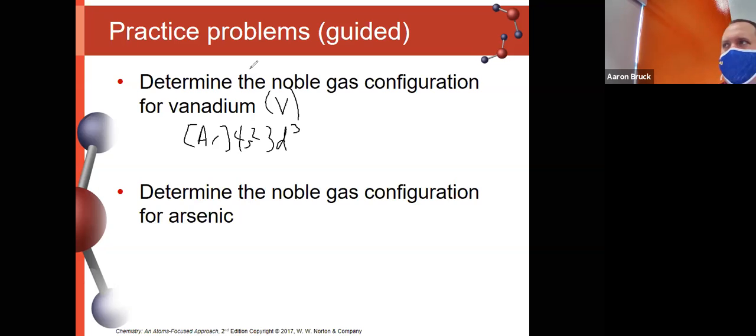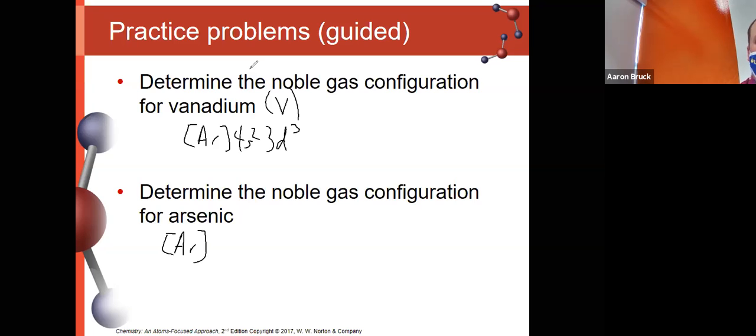For arsenic, arsenic is element number 33. Again, I go backwards. From 33, I end up again at element number 18, argon. Now I need to fill in the rest.